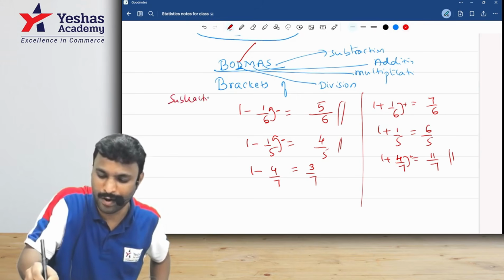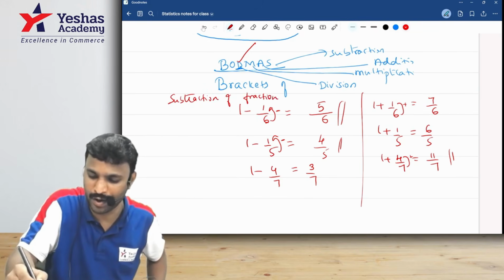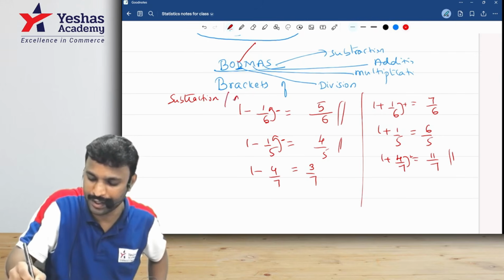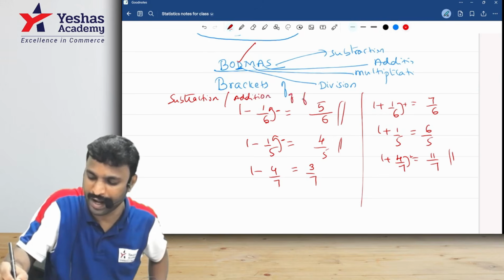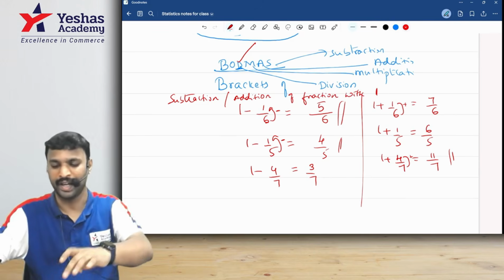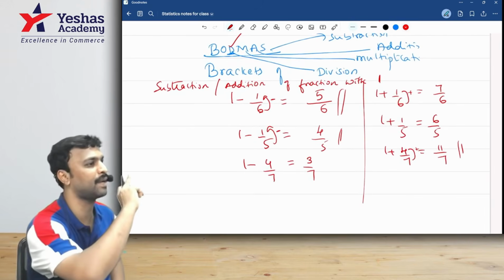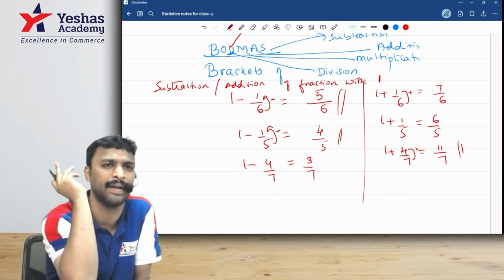Subtraction of fraction from 1, or addition of fraction with 1. You can name it like this. So understood how to subtract a fraction from 1 and how to add a fraction to 1. Everybody clear?